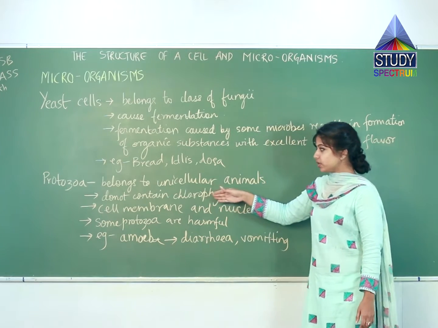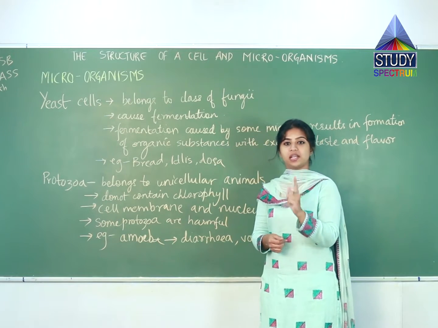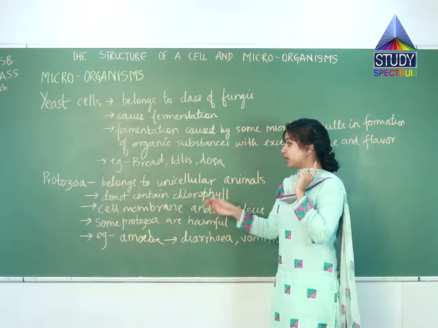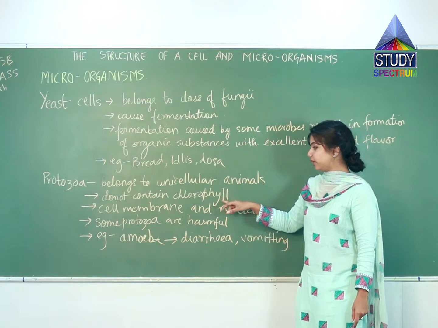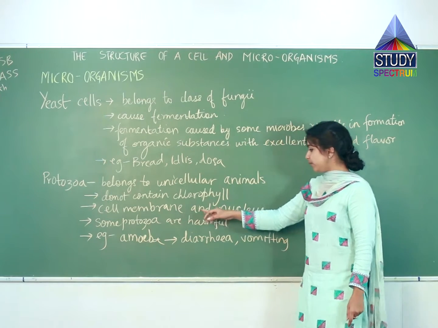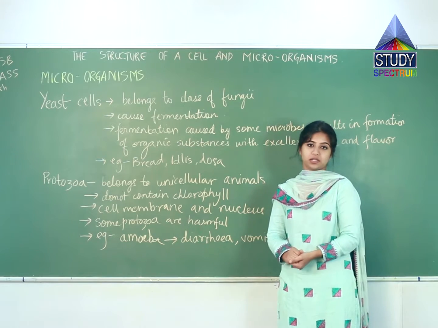Now protozoans belong to the unicellular animals. That means they have just one cell in their body, that is, they are unicellular. They do not contain chlorophyll in them, and the cell membrane and nucleus are the only organelles that are present.